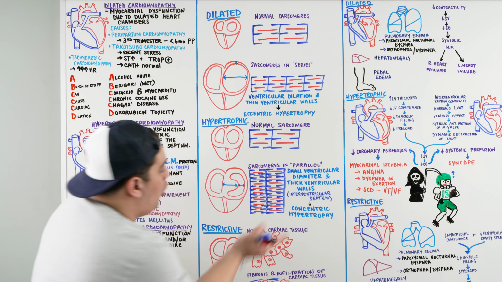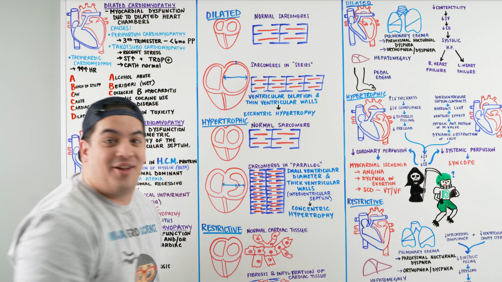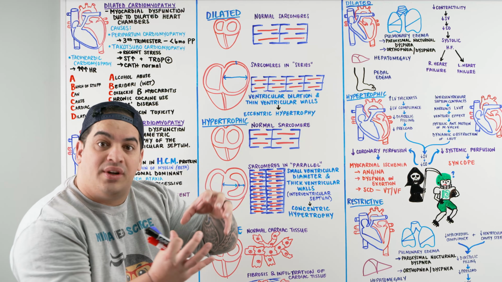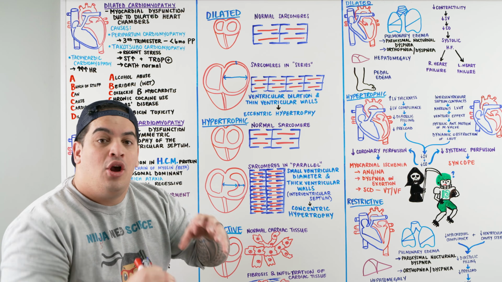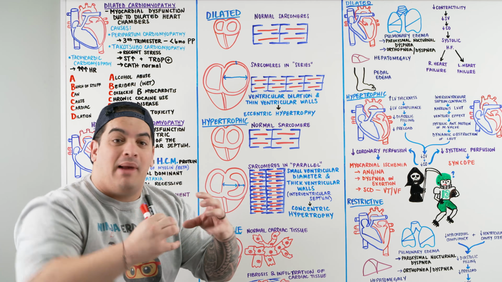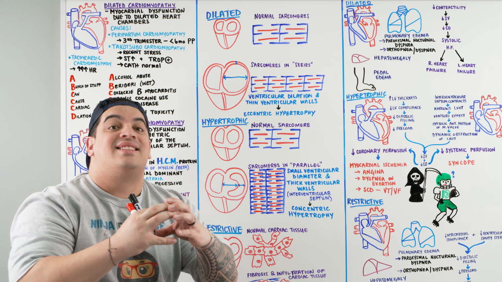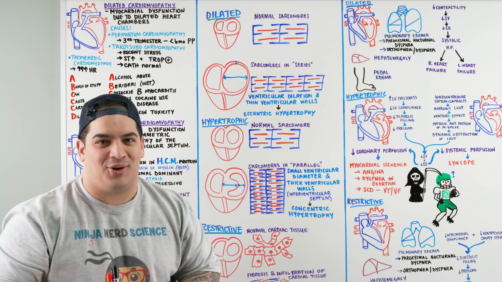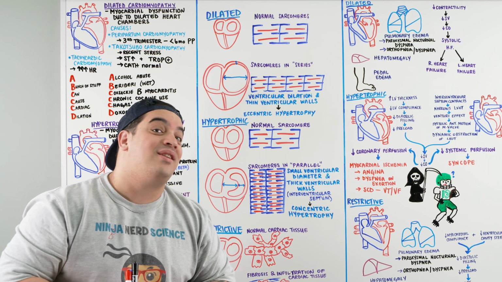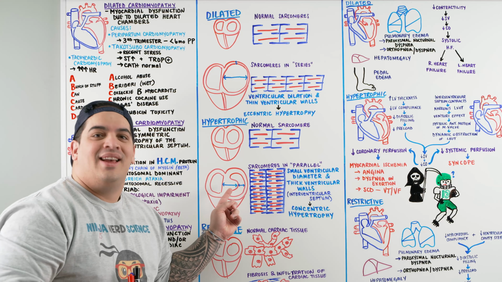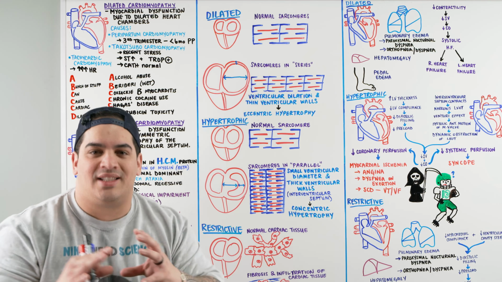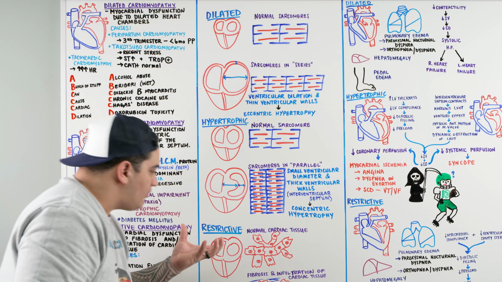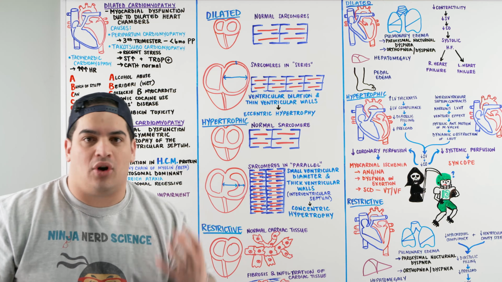The sarcomeres are added on top of one another in a parallel fashion. When you do that, you increase the size of the muscle cells, but the entire myocardium becomes thicker in a concentric fashion. However, in this type of concentric hypertrophy, it tends to favor one side of the left ventricle, the interventricular septum, so it tends to be asymmetric. Please don't forget that.